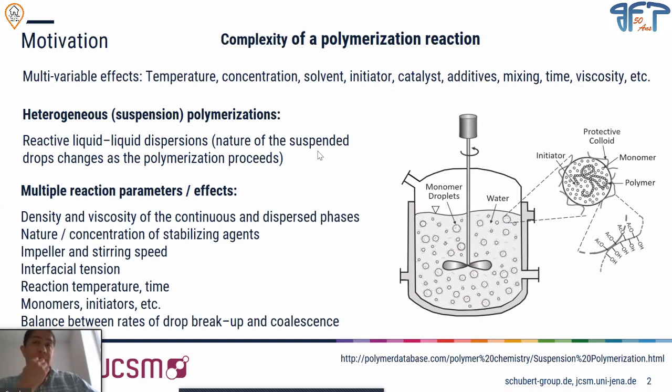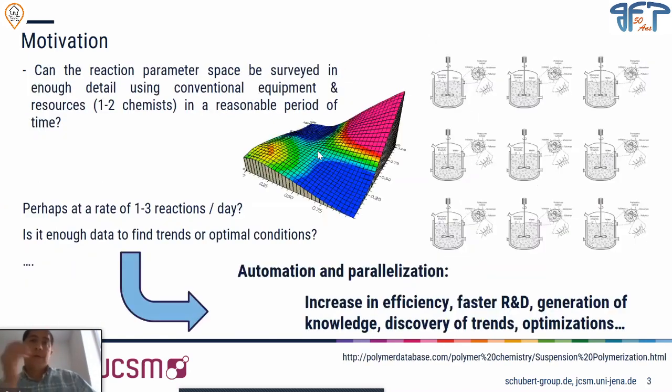The use of combinatorial or high-throughput techniques helps to optimize this kind of system or investigate the effects of all these variables in the reaction. And you can systematically find trends, how the different variables are moving up and down on a certain property.